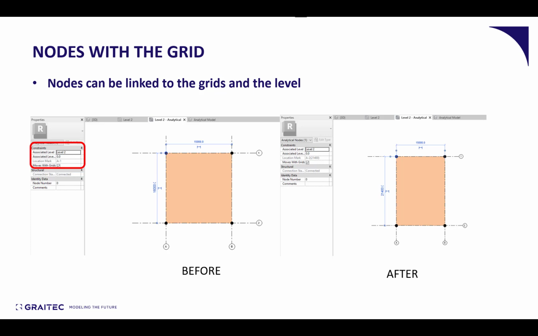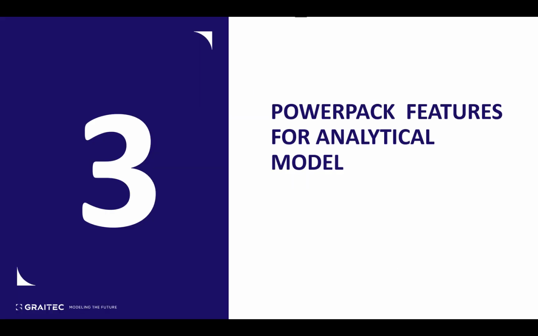I go fast on those concepts. Node with the grid: now it's possible to link the node to the grids and to the level, to, I would say, control the structure. So you see a set of tools that help the user to build an analytical model based on this new concept.